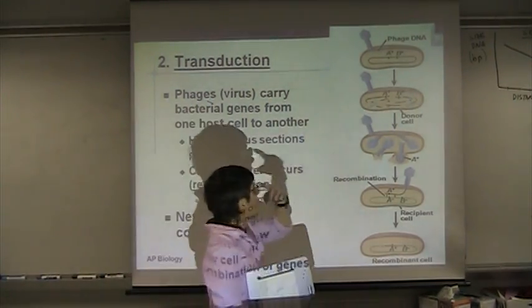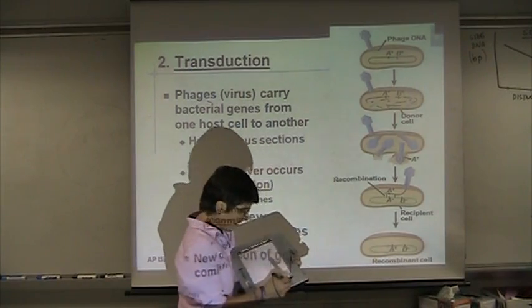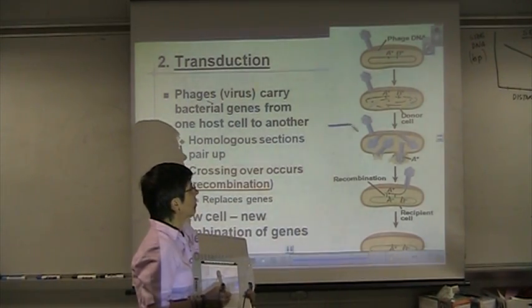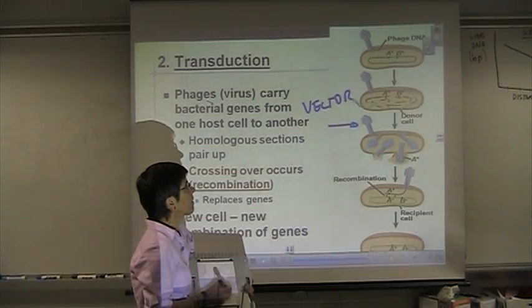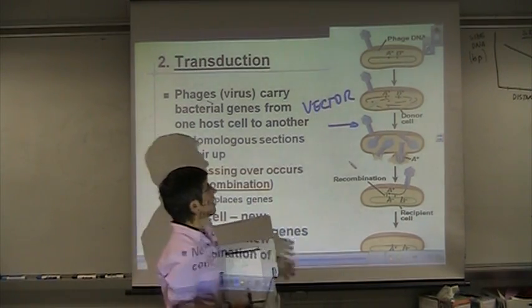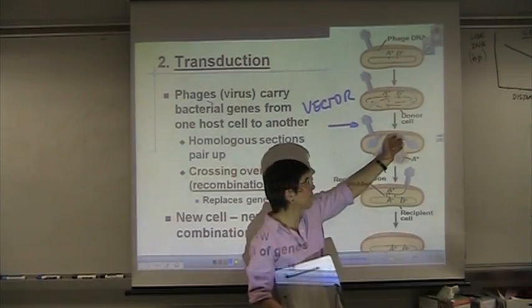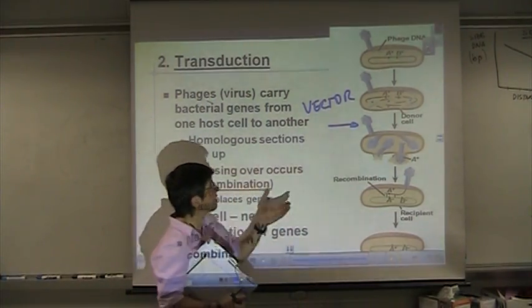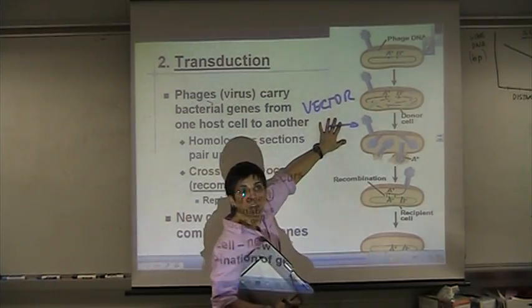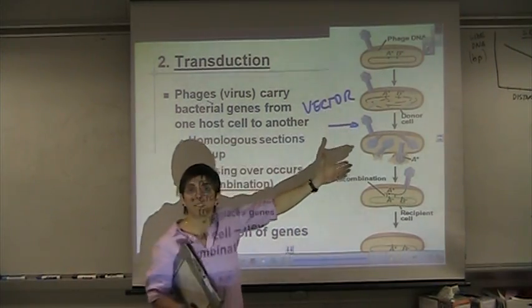And the virus in this case is called a vector, because a vector is something that transfers materials from one place to another. So the vector is transferring the DNA from one cell to another. It doesn't affect the virus, it's just the vector. Another vector that you know, for example, are ticks.